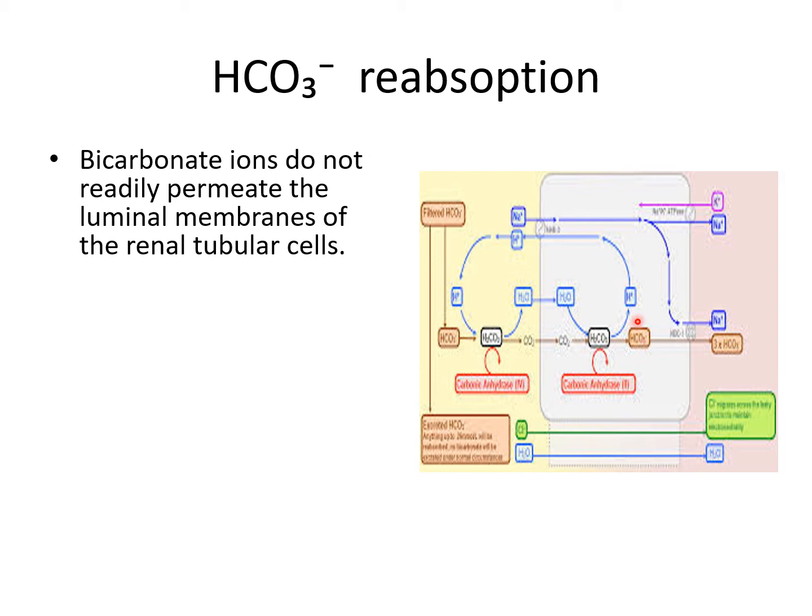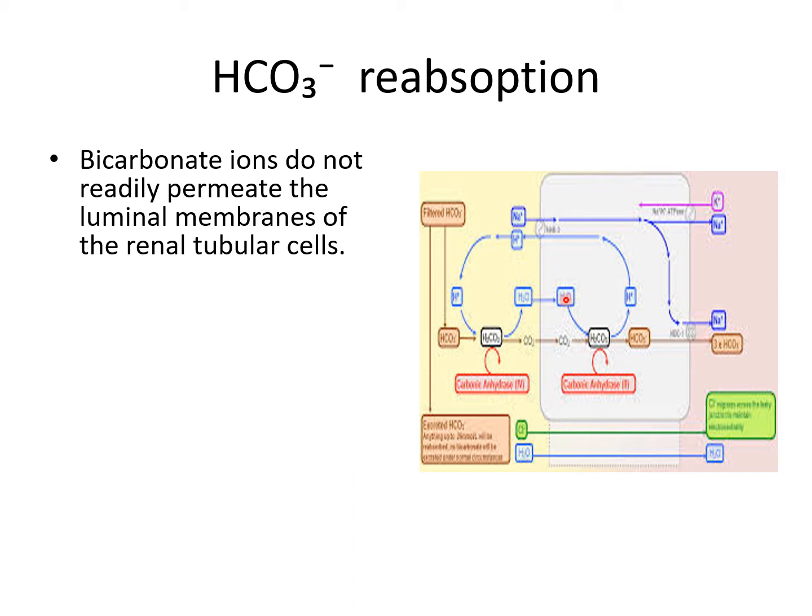The H plus that is formed is recycled as it is secreted again into the renal tubules. The bicarbonate formed in the renal tubular cells diffuses out through the basolateral side and enters the peritubular capillary.